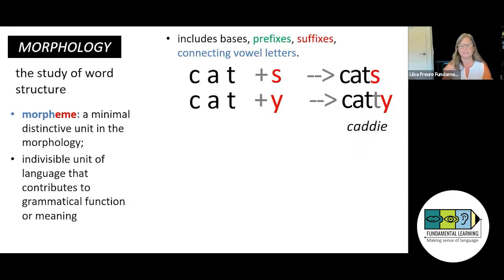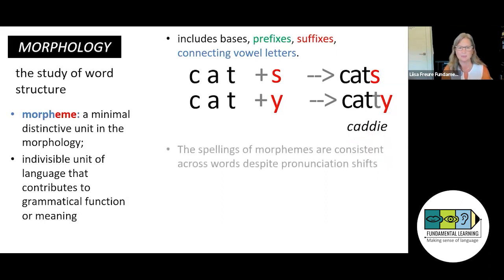And yet we teach students that T is T and D is D. And in catty, I'm not feeling a T or a D. I'm feeling something in between, that little flap, right? But if we look at the structure of that word, and this was actually a new one, I thought, oh, I wonder where the heck that came from. So I had to look up the origins of that word.